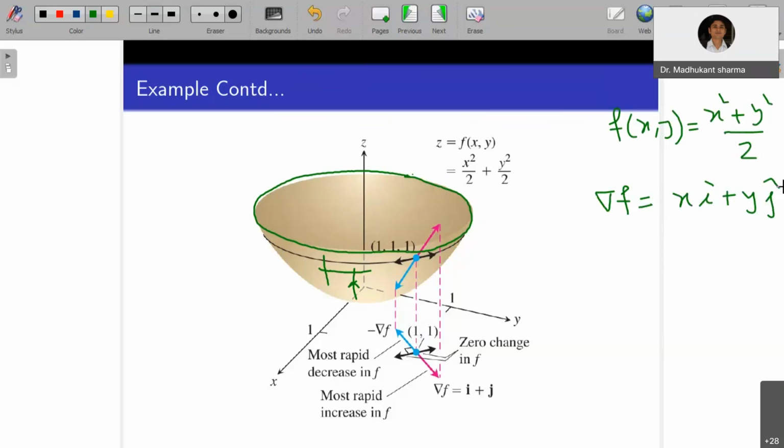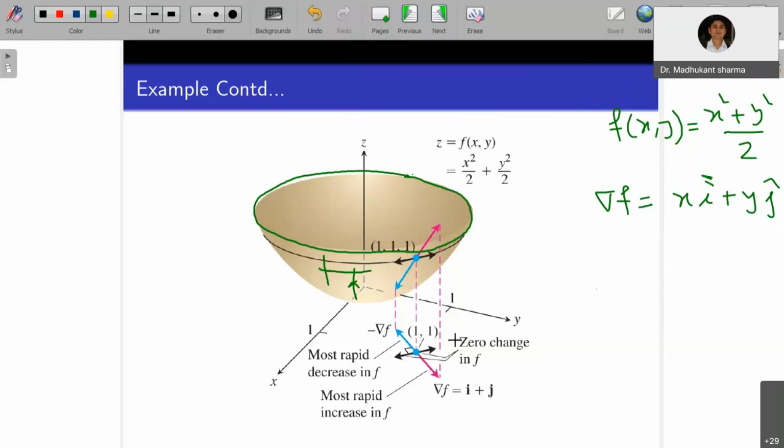The i component is the partial derivative of f with respect to x. The j component is the partial derivative of f with respect to y. If you have a function of three variables, you have a k component, the coefficient being the partial derivative of f with respect to z.